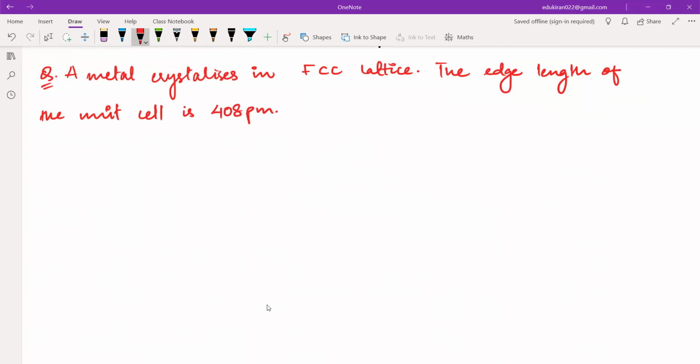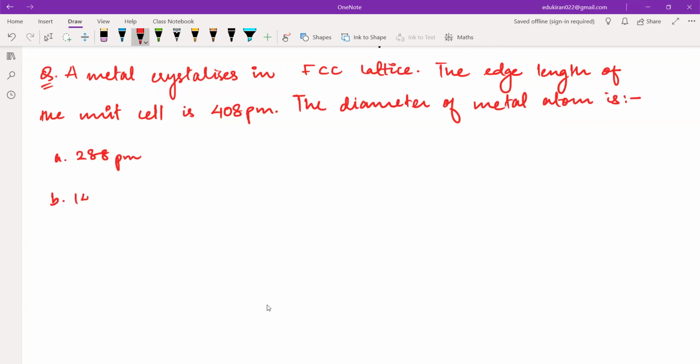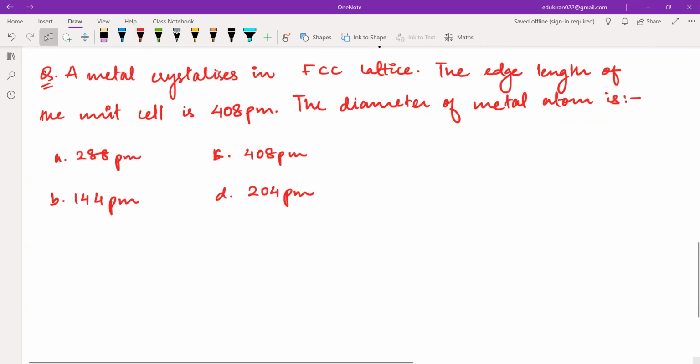The diameter of the metal atom is... we have options: 288 picometer, 144 picometer, 408 picometer, 204 picometer. Okay, write this question.